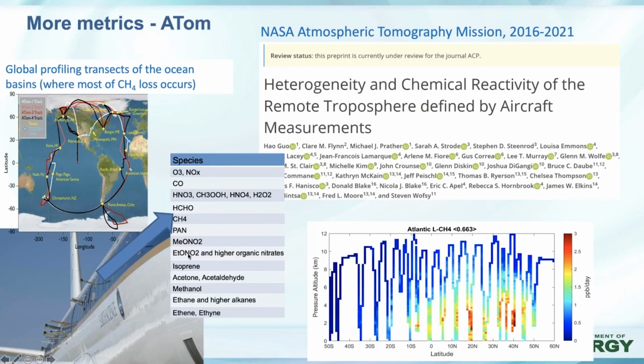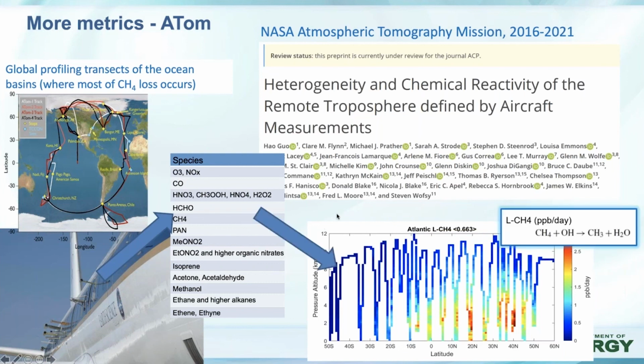There are also a bunch of other species measured by the aircraft, which can also provide valuable observational data to evaluate our E3SM chemistry. So that's where the flight tracks are. So you see it goes up and down, and the methane loss changes with height and latitudes.